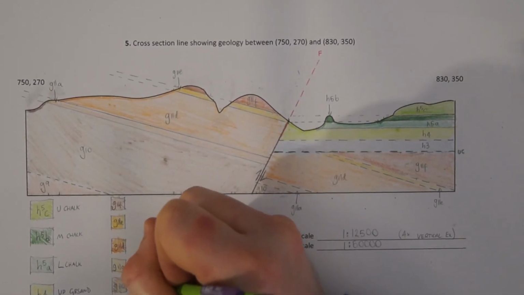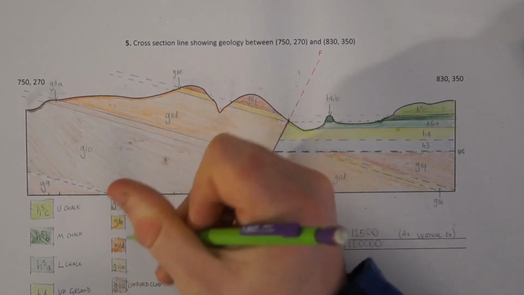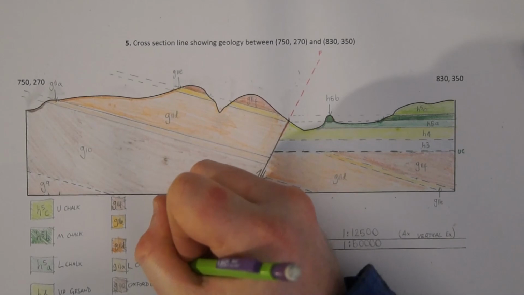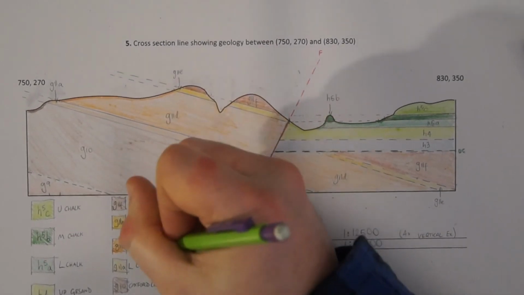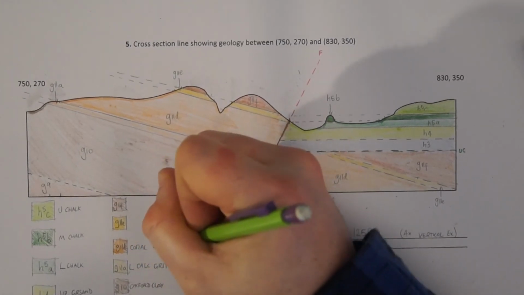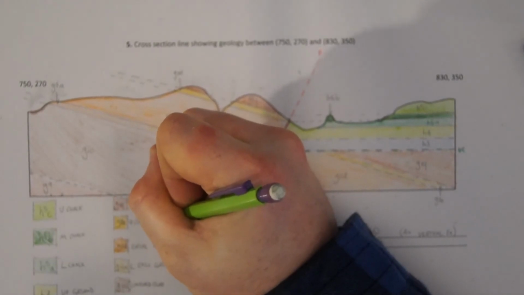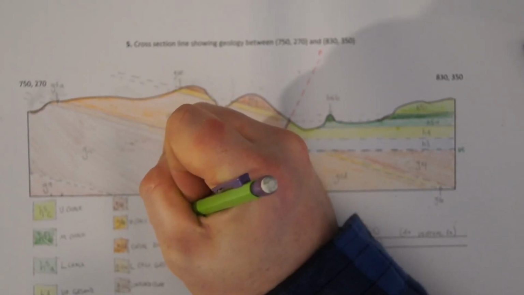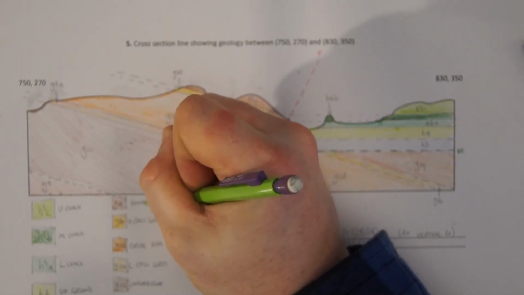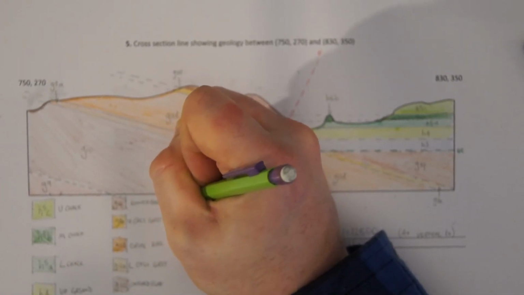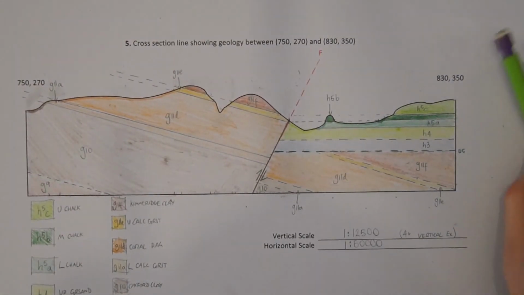Then we're into the Oxford clay, lower calcareous grit, coral rag, upper calcareous grit, and the Kimmeridge clay. Okay?